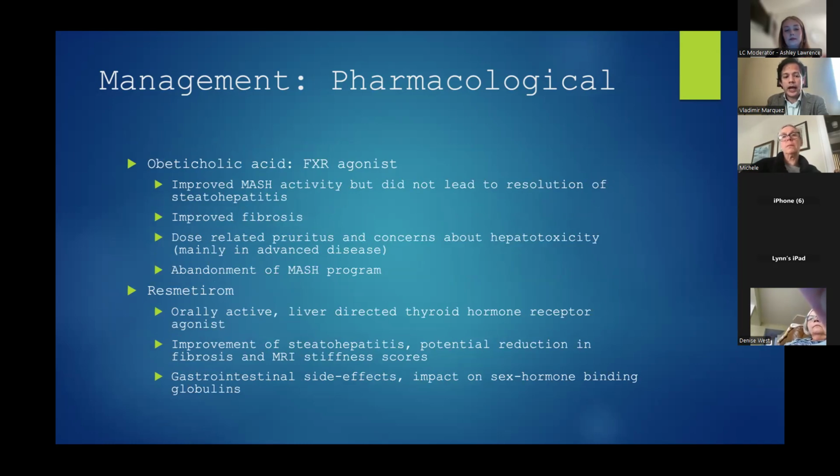Medications like obeticholic acid have not really worked that well, and due to concerns of side effects, they withdrew their MASH program for this medication. There is a new medication that is at this moment not necessarily available in Canada, at least not on a commercial basis, which could be eventually associated with weight loss, but also improvement of steatohepatitis.